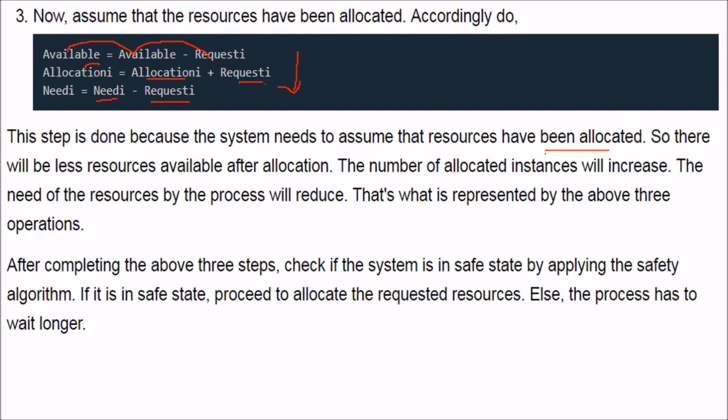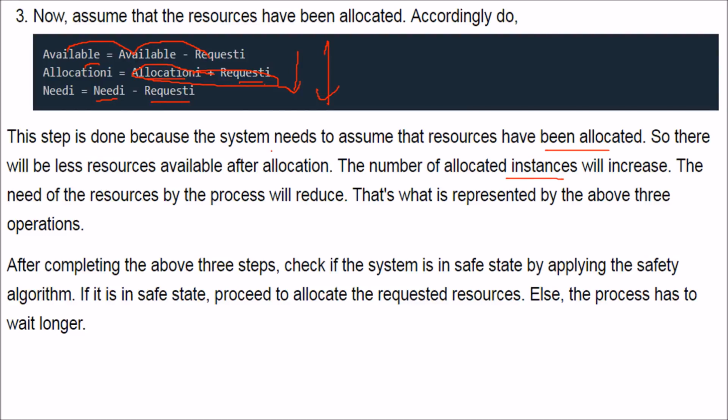So there will be fewer resources available after allocation. Once resources are allocated, the number of allocated instances is going to increase, so we have to increase it. The need of the resource by the process will reduce. That's what is represented by these 3 equations.